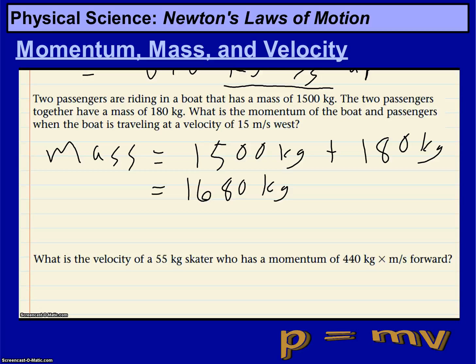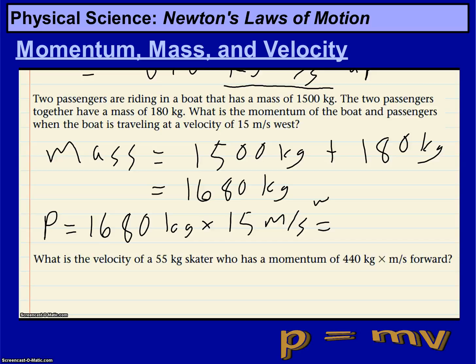Now that we have the mass, we can figure out the momentum. In other words, P is equal to your mass. I won't rewrite the formula; we should just know that by now. So 1680 kilograms multiplied by 15 meters per second west. Get out your calculators, multiply it together, and you're going to get 25,200.